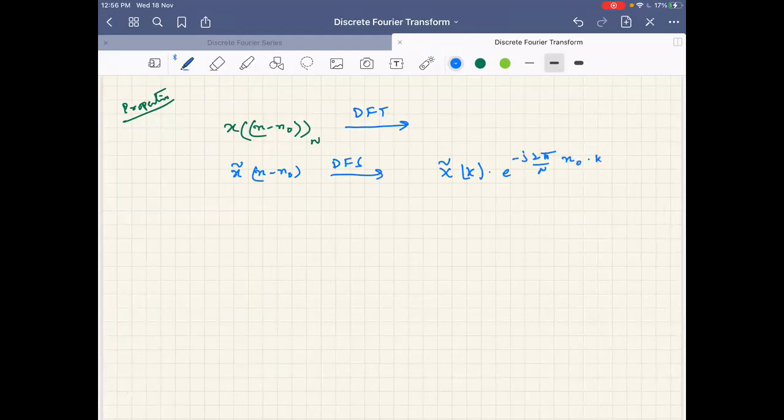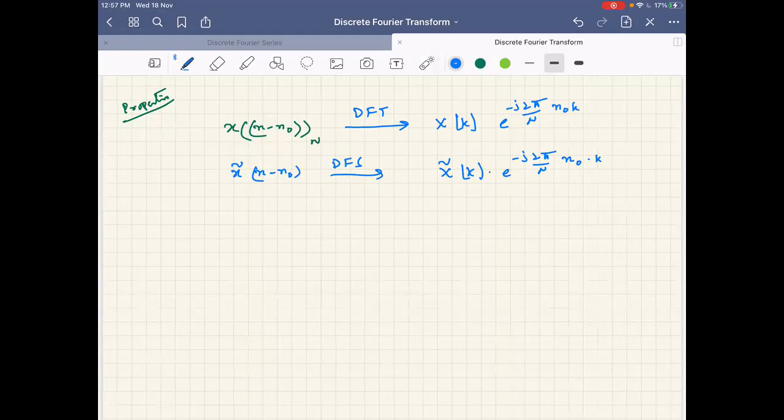The same thing will happen even here, except that we have the same set of coefficients. Here it is also of length N, and e power minus j 2 pi by N n naught k, because the number of samples in one period is equal to the number of samples of this sequence itself.